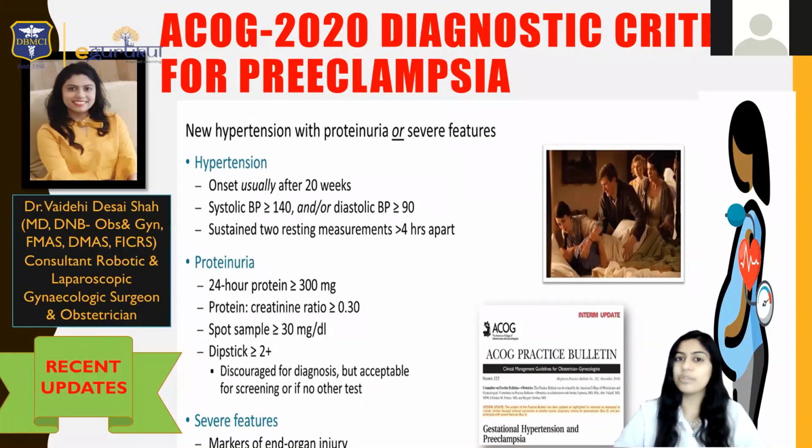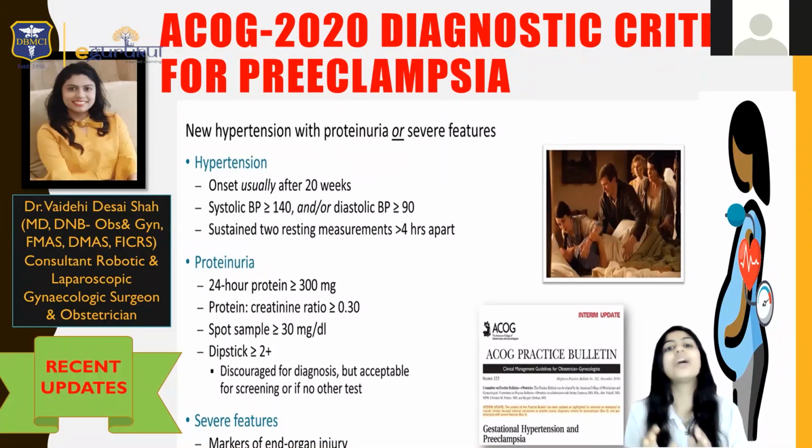So ACOG 2020 is the recent update for the diagnostic criteria for preeclampsia. According to this, preeclampsia is defined as hypertension plus proteinuria or severe features. So the two things are prerequisite for this criteria.